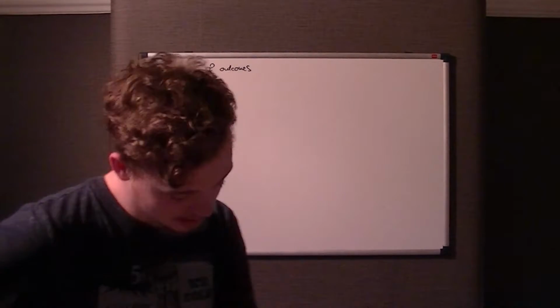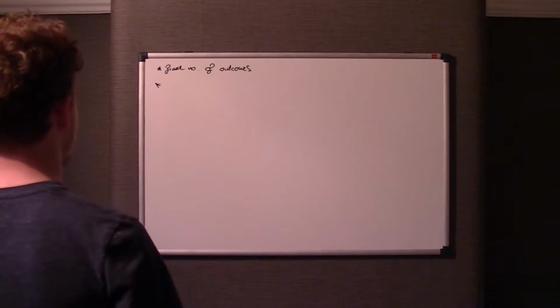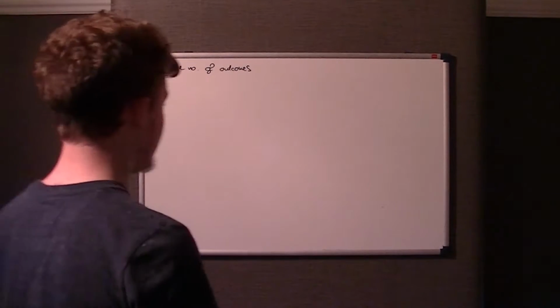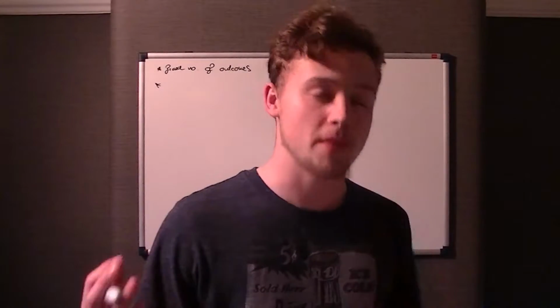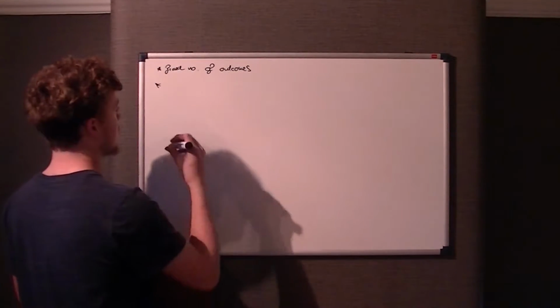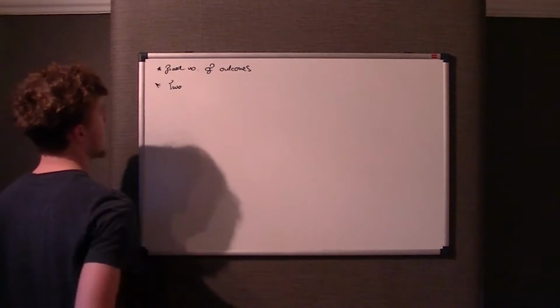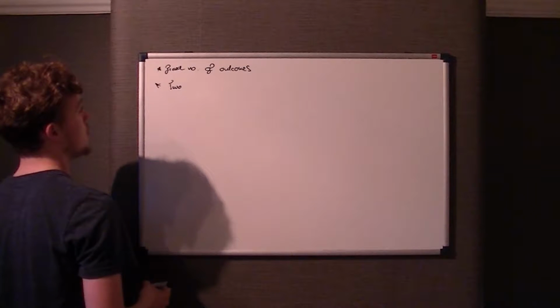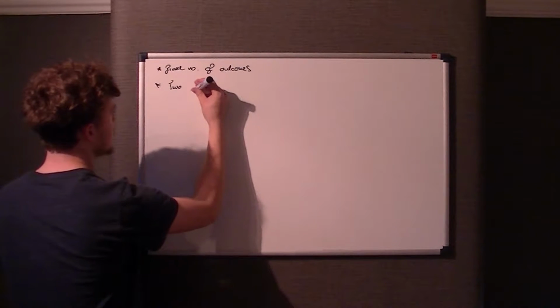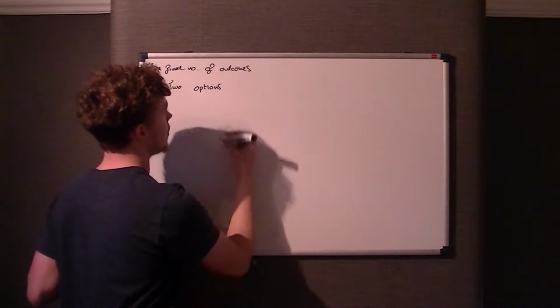I've only just realised now, doing the actual video, that it might confuse you. When I say fixed number of outcomes, what I mean is there's a fixed number of times you throw a dice, for example, and you record results. But there are always two options on each outcome.